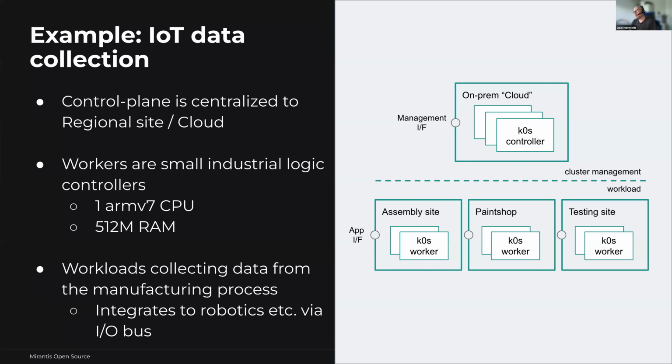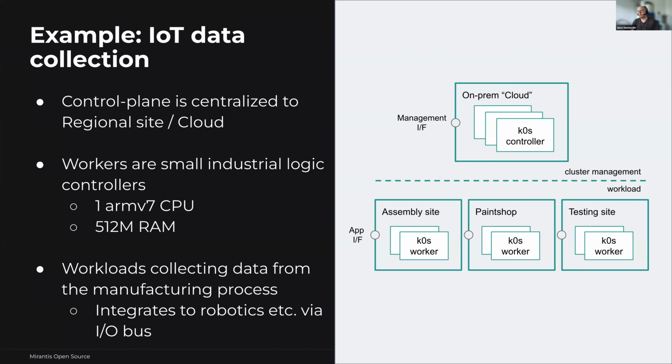So one of the examples that we've seen in our user base is a case where the control plane is centralized to a regional site or an on-premise cloud, whether that's on Amazon Outposts or OpenStack or whatever. It doesn't really matter. I think in this specific use case, it was actually Outposts, if I remember correctly.